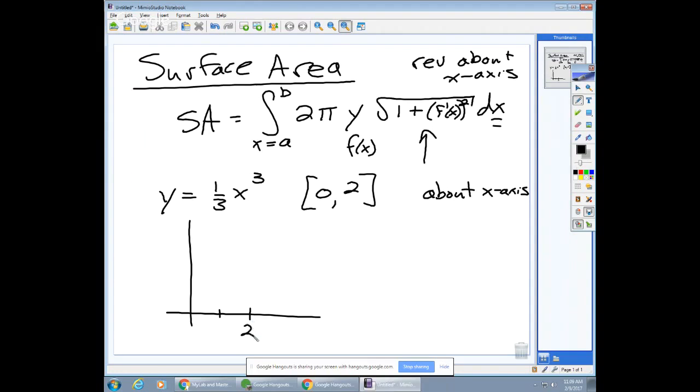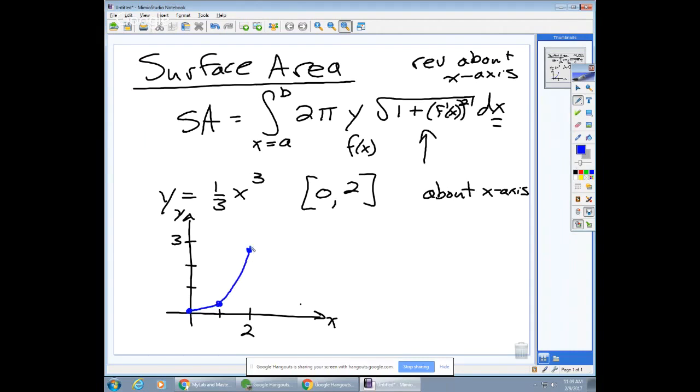So if that's 2 there, I'm going to have to go up 1, 2, 3 here. And then my curve is going to have the points 0, 0, 1, 1/3, maybe about there. And then 2, 2 2/3, so maybe about right there.